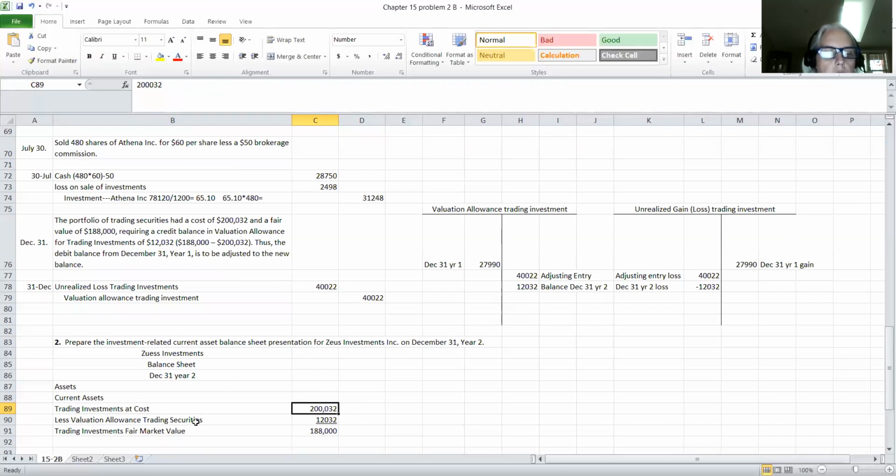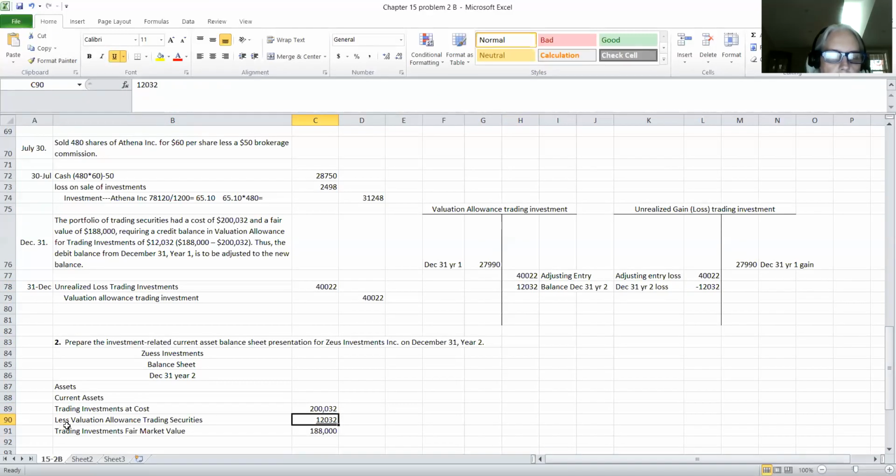The valuation allowance for the balance sheet date ends up being a credit balance of $12,032, because this is a credit balance because our trading investments market value went below, the fair market value was below the cost. This has to be deducted.